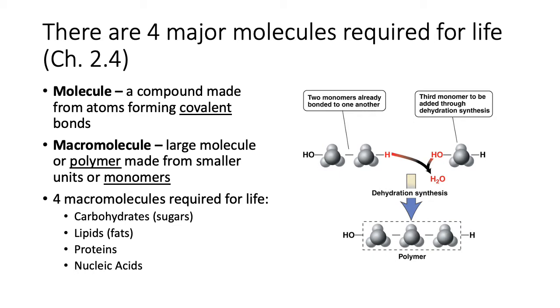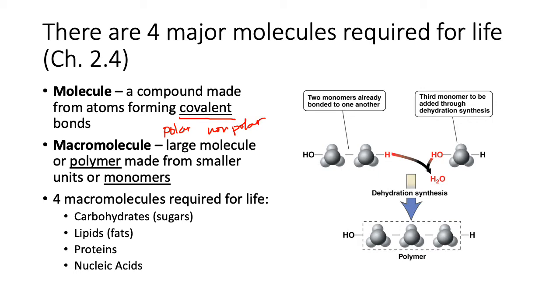Molecules specifically refer to compounds that are made when atoms form covalent bonds. So in all molecules, the atoms that make up these compounds are sharing their electrons. That sharing can be unequal or equal, so we can have polar or nonpolar bonds, but either way, we are sharing electrons in this case.